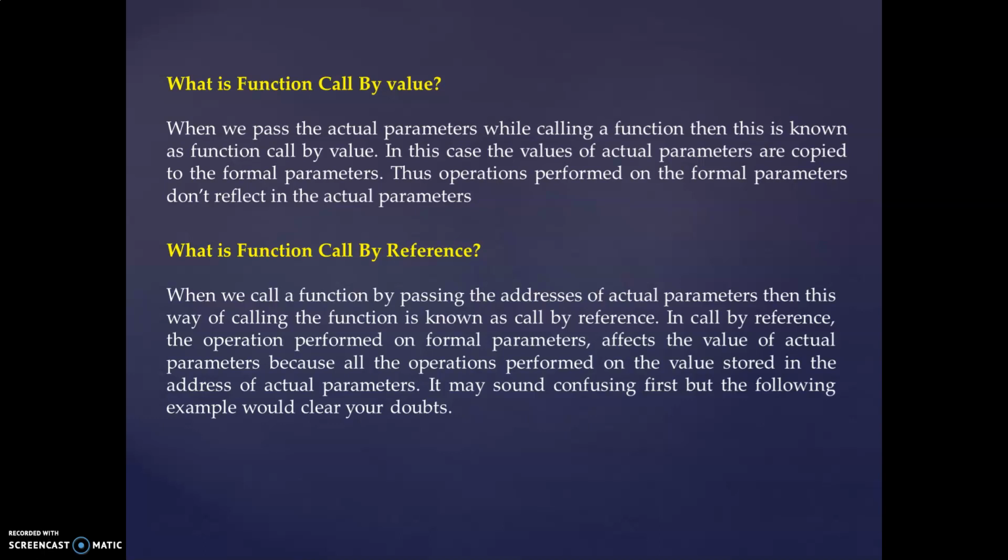Whatever addition operation is needed will be done by x and y. After doing the operation, x and y will send the value to the actual parameters. That means when the output is shown, it will be reflected in the form of actual parameters, not the formal parameters. Right? So this is called call by value.